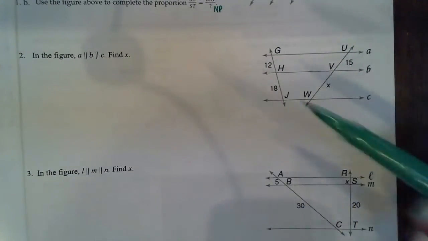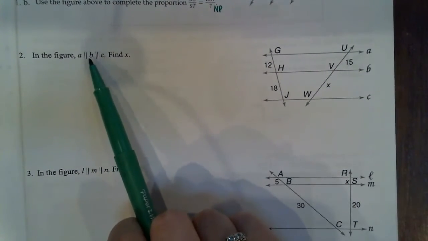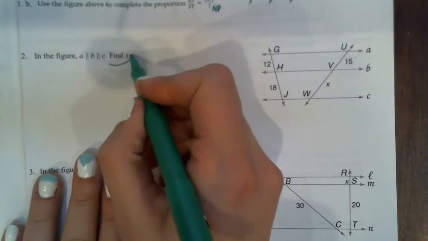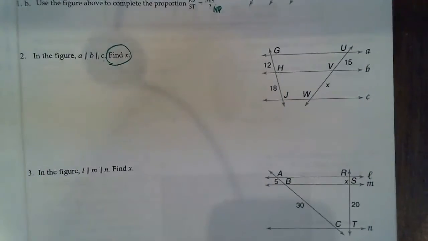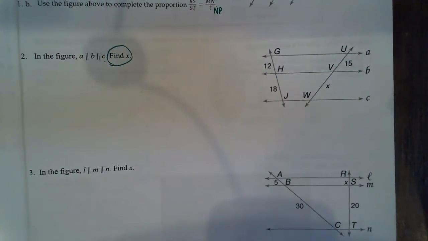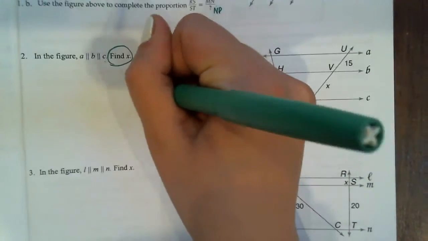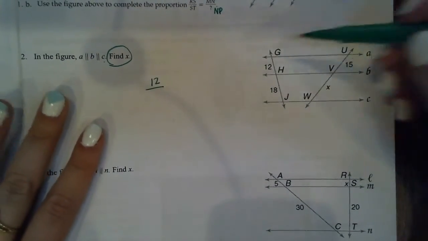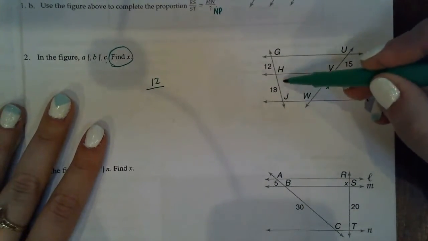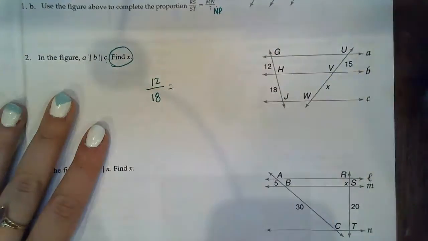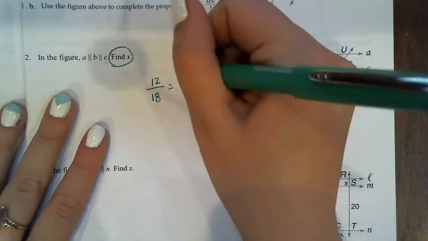Okay. In the figure, line A is parallel to B is parallel to C. Find X. So we're probably going to have to do some sort of algebra type thing. So I'm going to first make a proportion. I'm going to start with GH, which is 12. 2, I'm going to do 18, HJ. I'm going to go over here, 15.